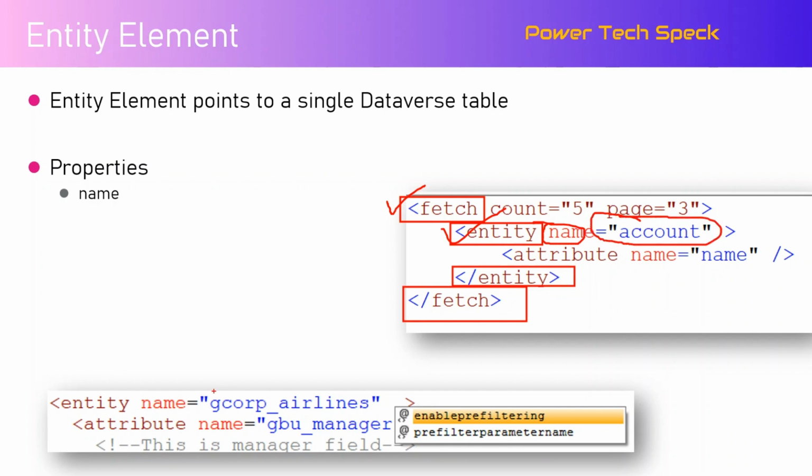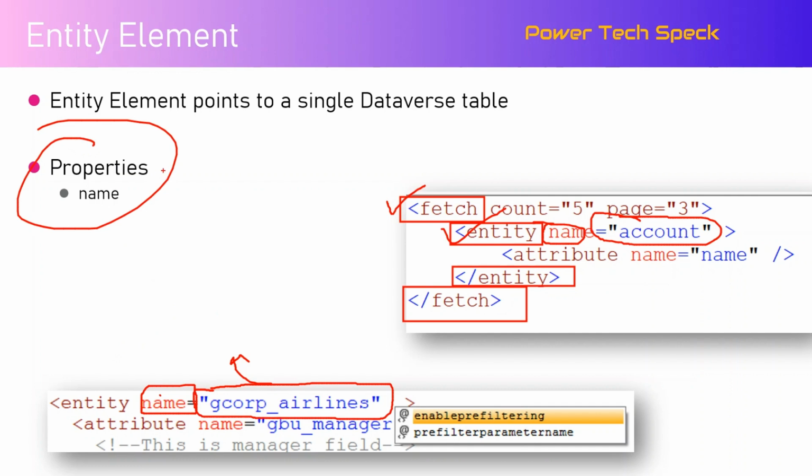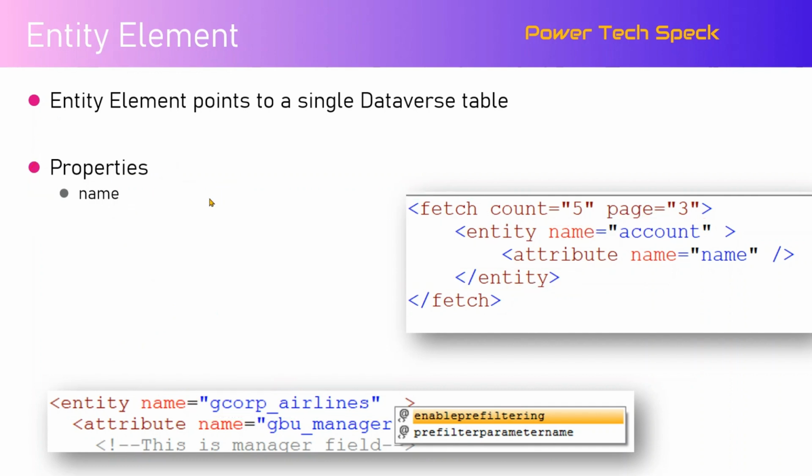In this example, I have a custom table named G Corp underscore airlines. The table name is airlines, however the logical name is G Corp underscore airlines, and that's what I need to specify as the property of name. Once you do that, your FetchXML statement is ready.